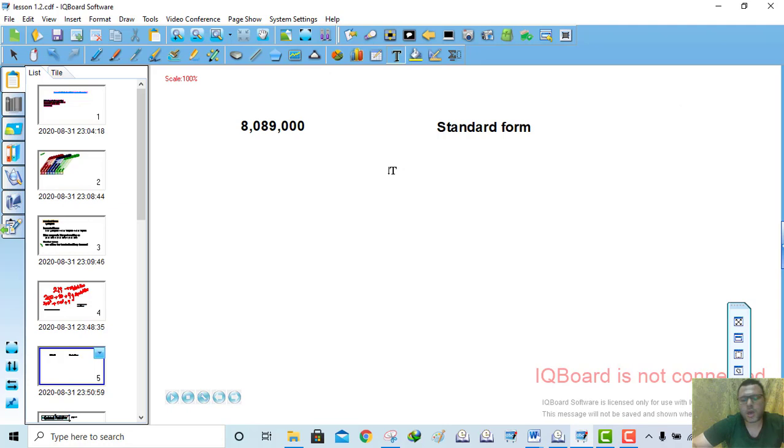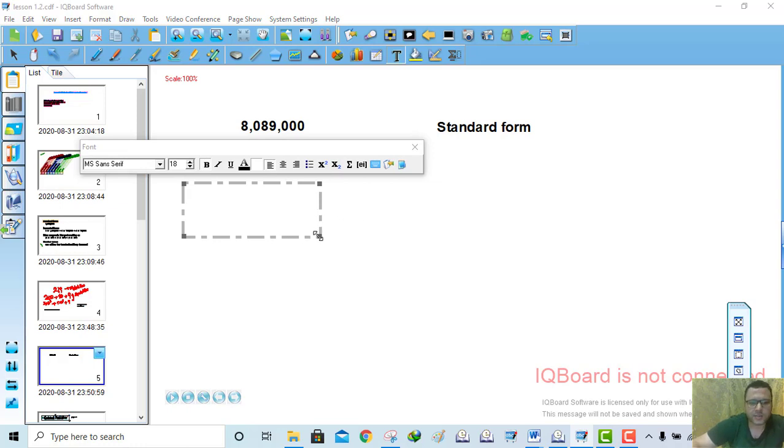If I need to write it in expanded form, I'm going to write first the 8 what? 8 million. So 8 million has 6 zeros. 8 million plus 0 is useless, this 0.